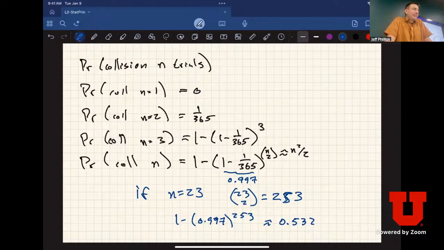I've done a lot of binomial distributions.